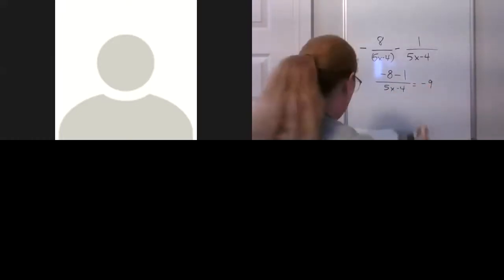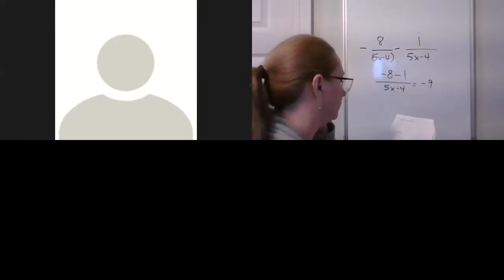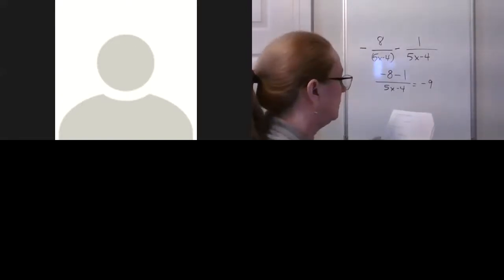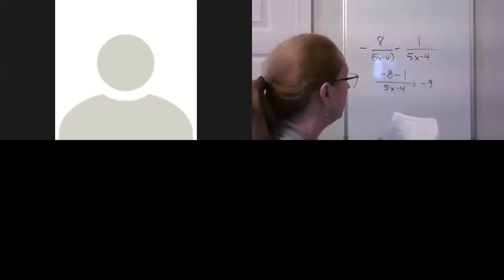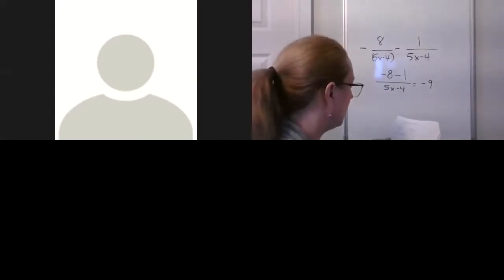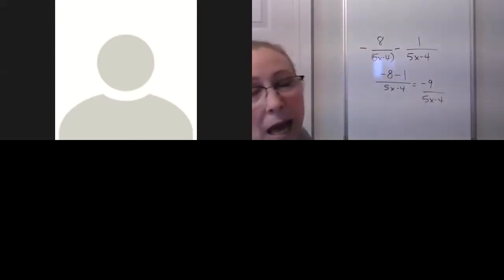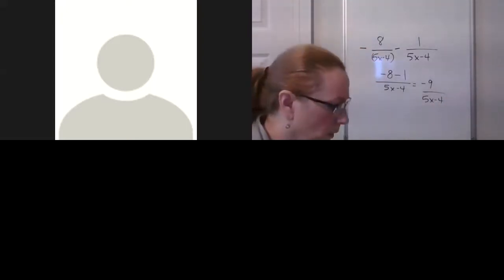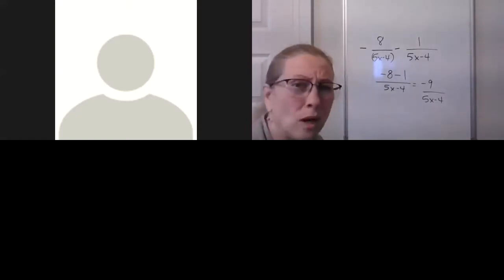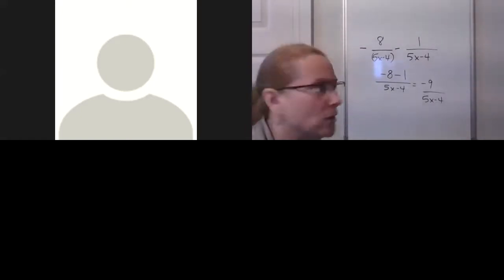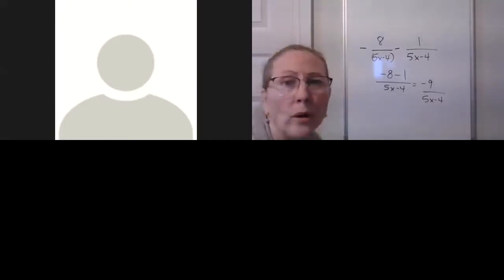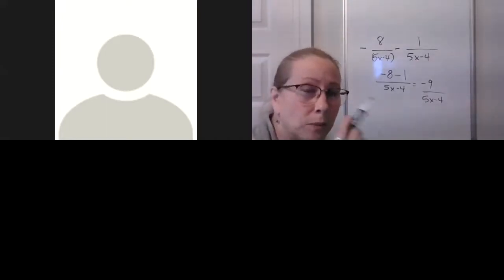So we'd end up with a negative 9 over 5x minus 4, which is actually equivalent. I'm not sure why my MyMathLab only gave me one answer on the answer key, but this is an equivalent version if you flipped that number.